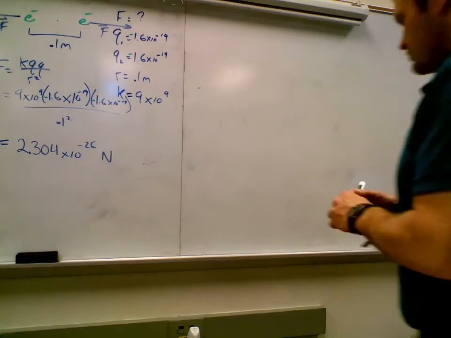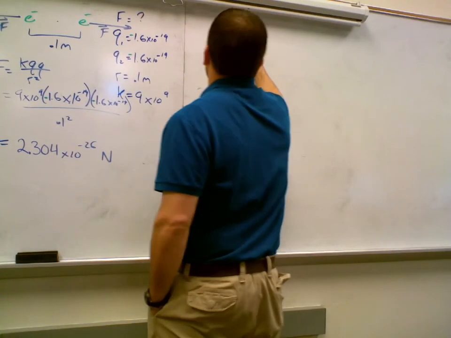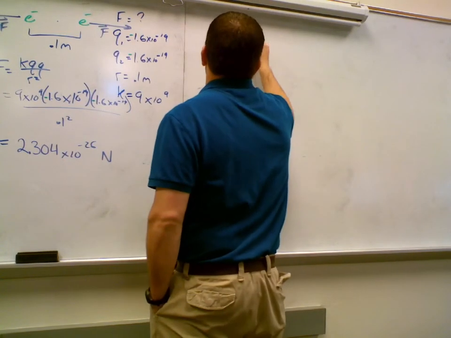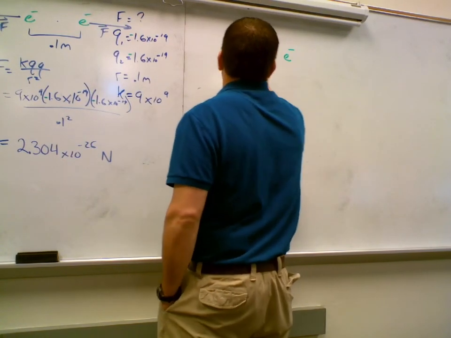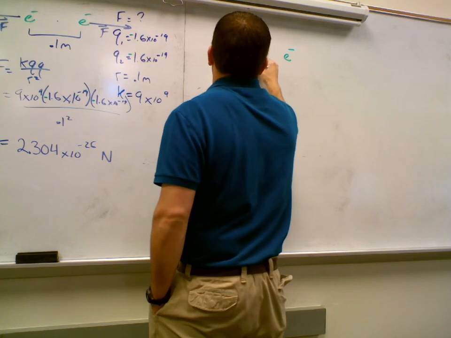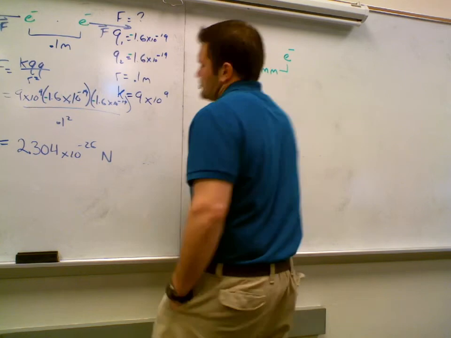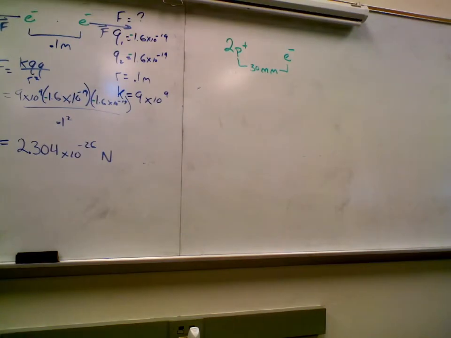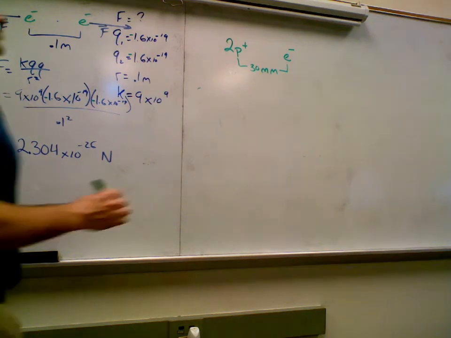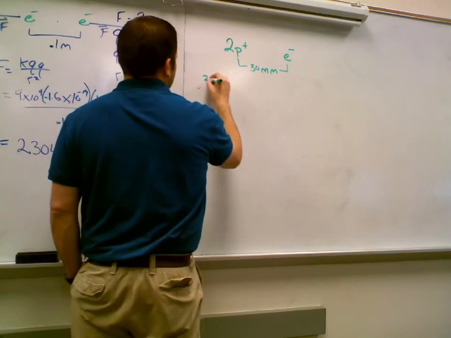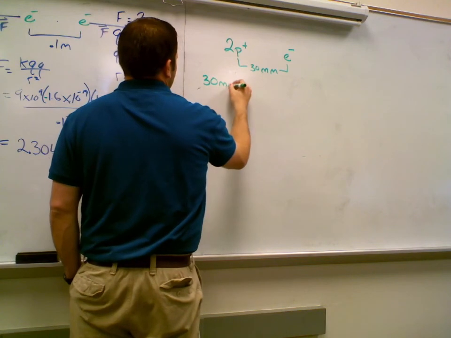Let's try another one. Let's say I have 2 protons and 1 electron, and they're going to be separated by 30 millimeters. So I have to turn millimeters into meters, right?